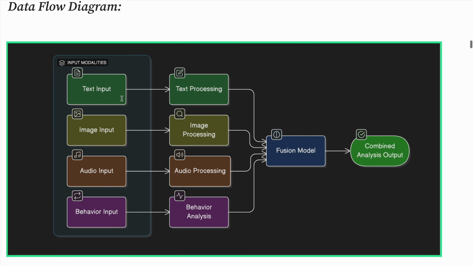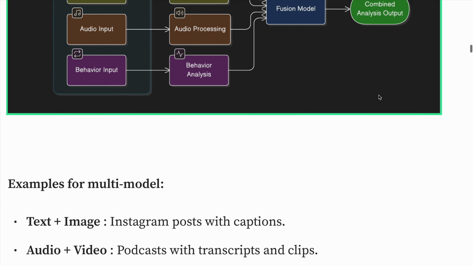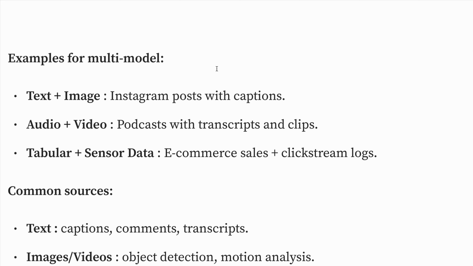For example, the inputs are four types: text input, image input, audio input, and behavior input. There is a processing unit for each one, then it forwards to a fusion model, and then the combined output analyzes what's next.